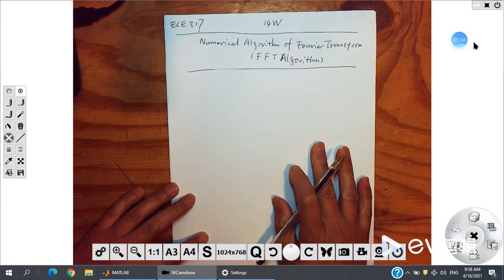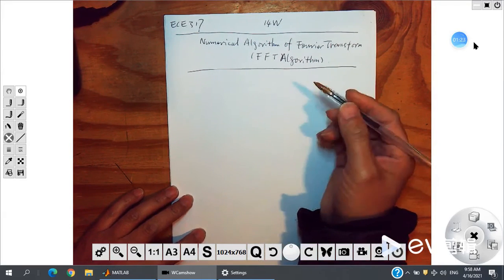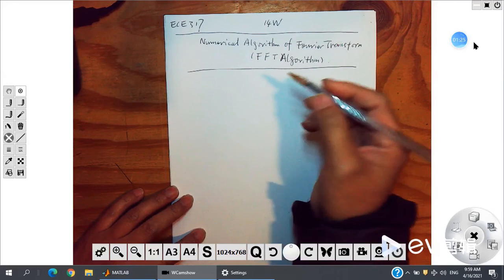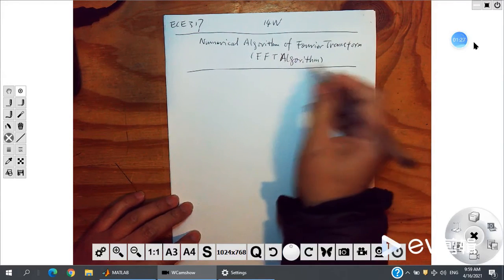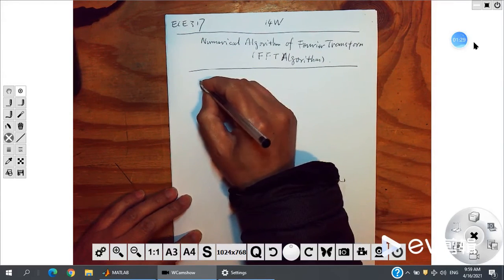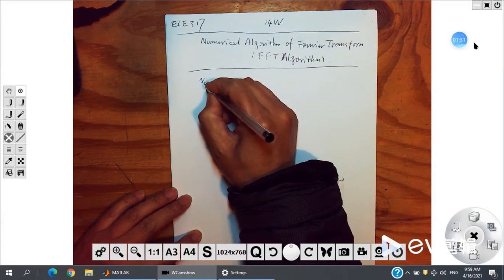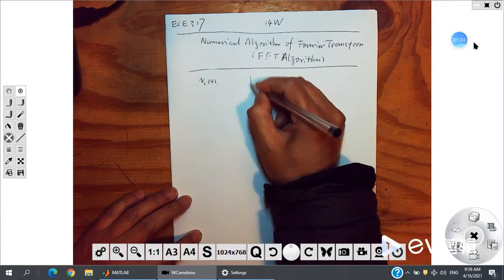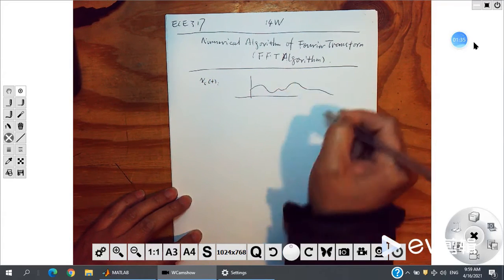We already had one class that introduced how to calculate the Fourier transform, right? Suppose we have some continuous time signal xc of t.